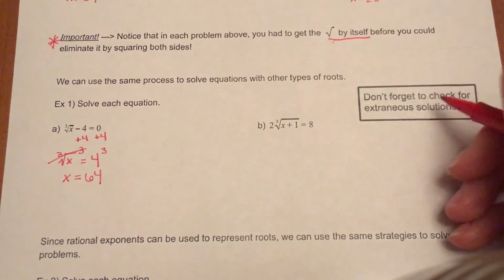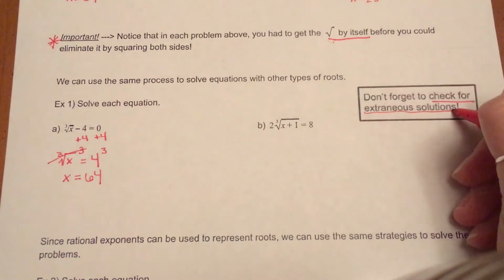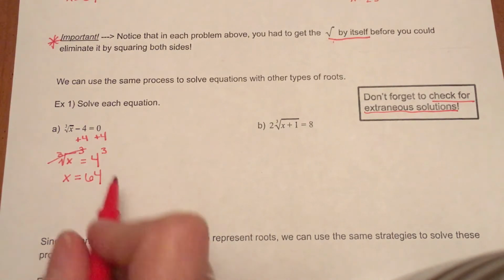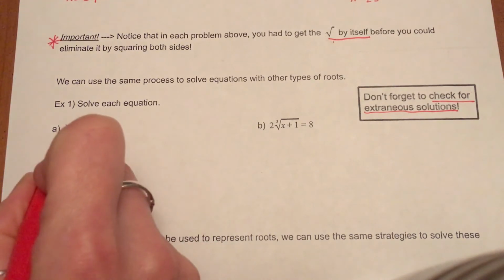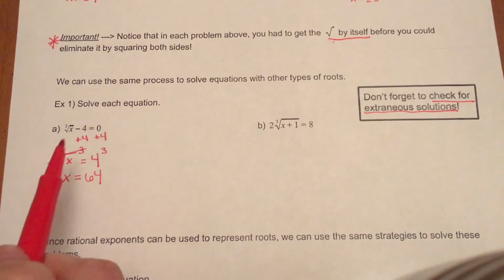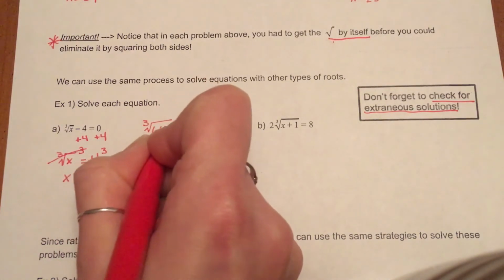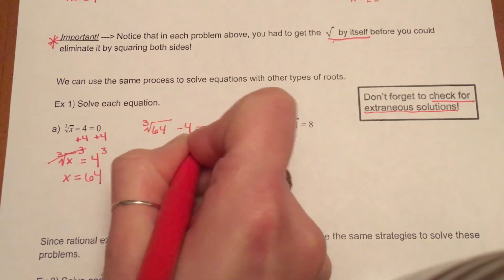I need to remember to check for extraneous solutions, just like you had to check your rational functions for extraneous solutions. We need to check our radical functions for extraneous solutions. So to do that check, I'm going to take my solution and plug it back in for x in my original equation. So I would have the cube root of 64 minus 4 equals 0.